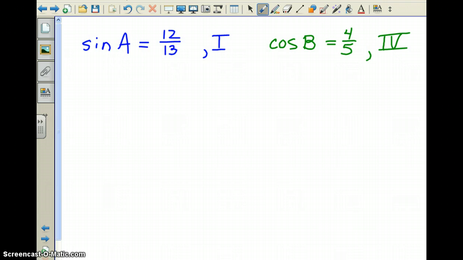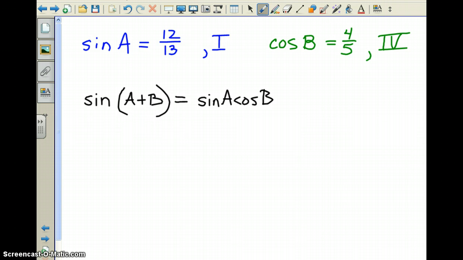And let's take these two angles and find the sine of angle A and B added together. So that means we're going to be using the formula sin A cos B plus cos A sin B. Now, with the given information in this problem, we already know some of these.